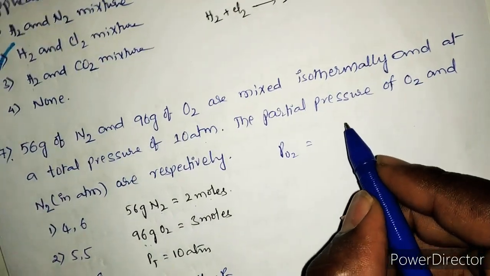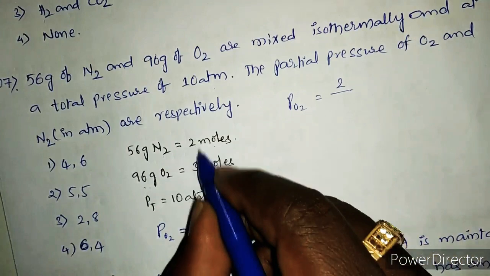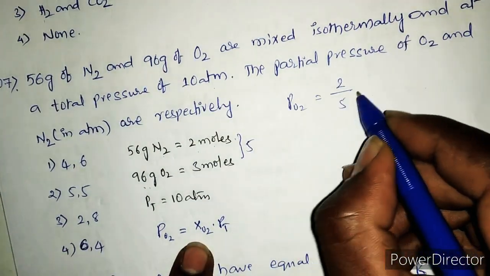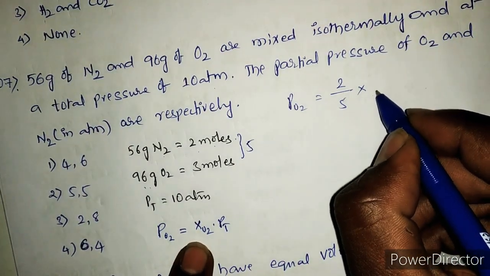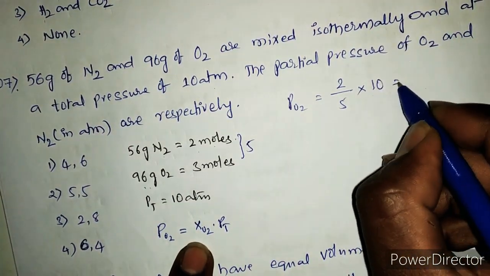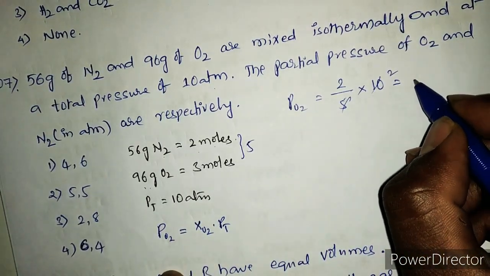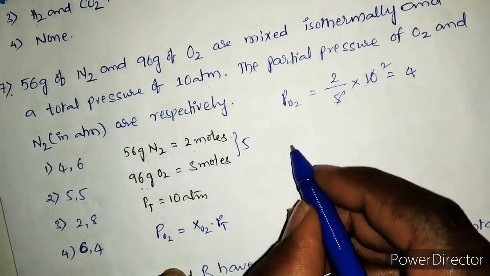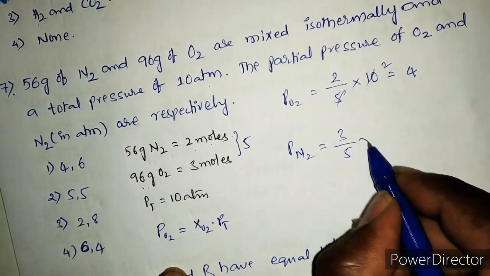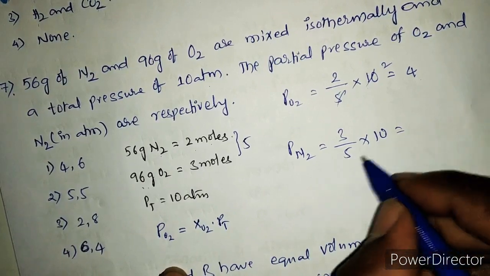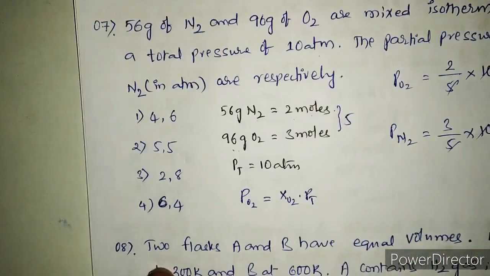Total number of moles is 5, so the mole fraction of oxygen is 3 by 5 into P total, which is 10. So it becomes 6. And the partial pressure of nitrogen is 2 parts by total 5 into 10. How much does it become? 4. So what is your answer? 6, 4 is your answer.